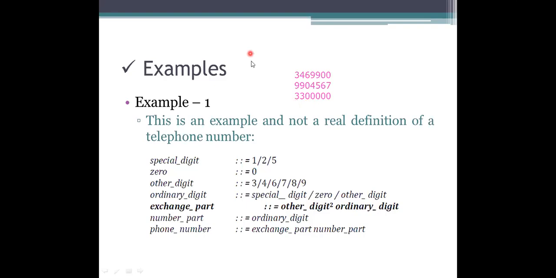So the first representation we consider is true. The next one is also true, and the other one also true. And coming to the next one, it's the number part. Number part means ordinary digit. How many times we have to use it, they didn't mention, so we can specify it by ourselves.